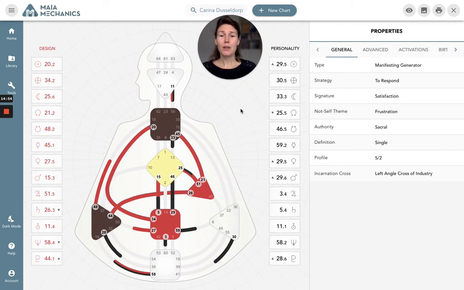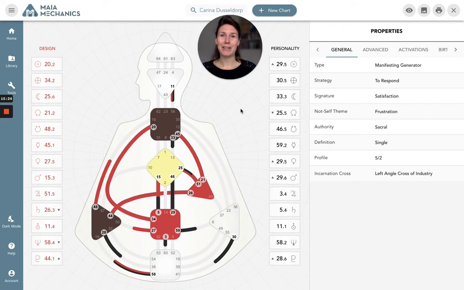Well, first of all, I want to start with saying that there's no right or wrong here. There's no good or bad. Defined or colored in is not better or worse than open or white. So if you see your design, you're like, oh my God, there's so much whiteness here, there must be something wrong, or the other way around. No, you can totally forget that.